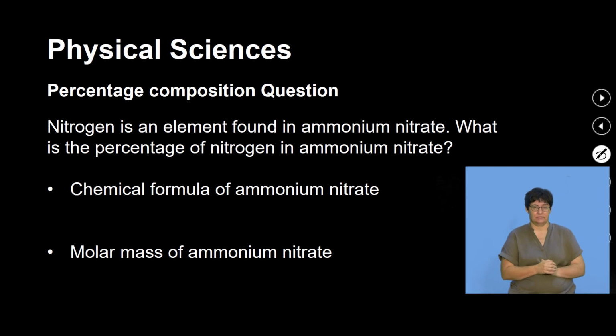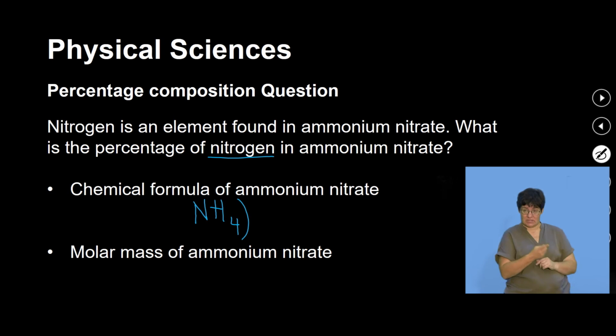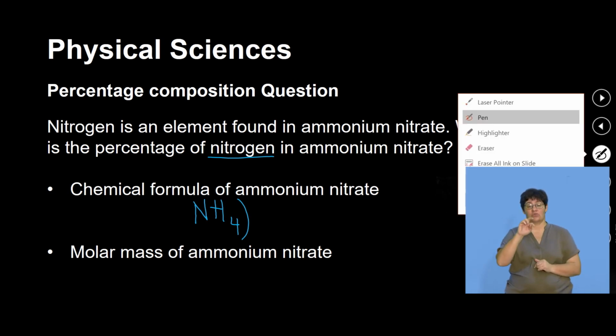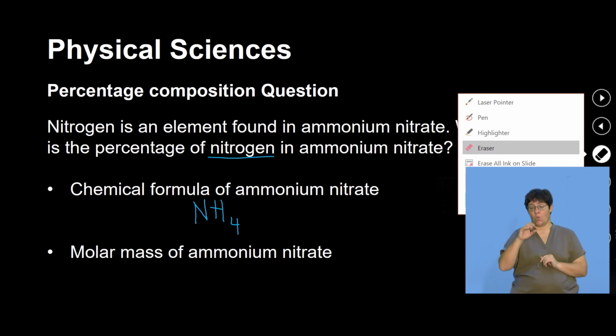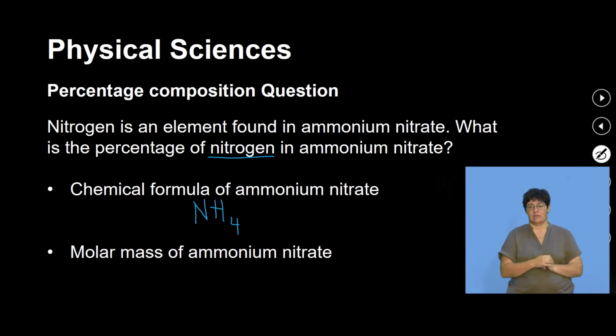And then in a case where we've got nitrogen found in a compound such as ammonium nitrate, we want to determine the percentage of nitrogen. We first of all start with the correct formula, which is NH4, the cation, NO3. Because the nitrate is -1, and the ammonium ion is +1, there is no need for us to have the brackets.